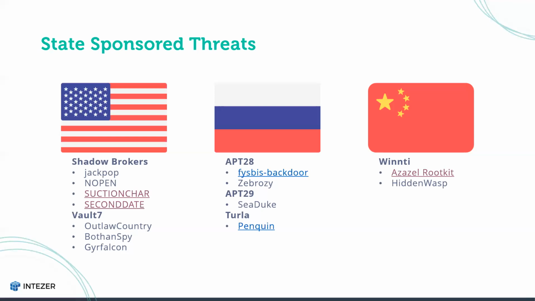This is funny because when we were researching HiddenWasp, we saw a lot of similarities with the malware Chronicle published, but we didn't have enough leads to make a high-confidence attribution. Later we saw that other companies did have those resources. It's pretty interesting, so here you see a wide range of state-sponsored threat actors.